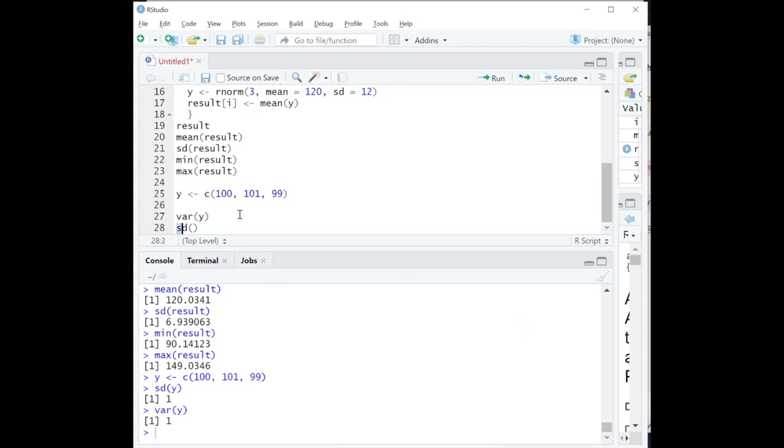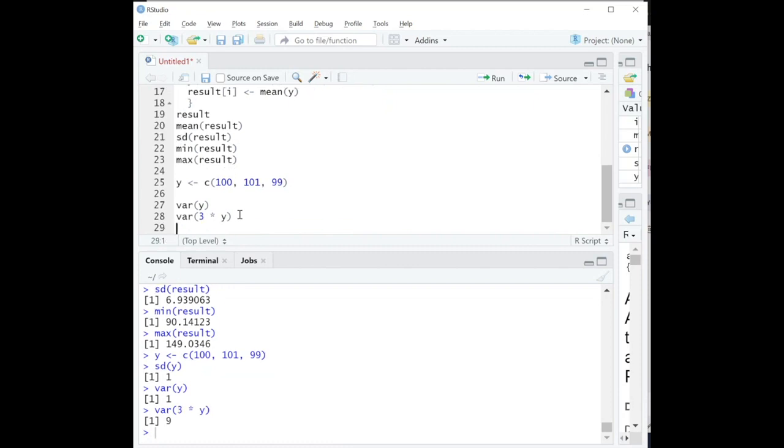And if I want to calculate the variance of 3 times y, so I'm taking the three individuals and multiplying by 3, the new variance is exactly 9. You see, it has increased by a factor of 3 squared, that is 9.